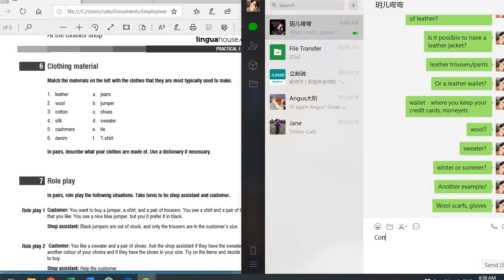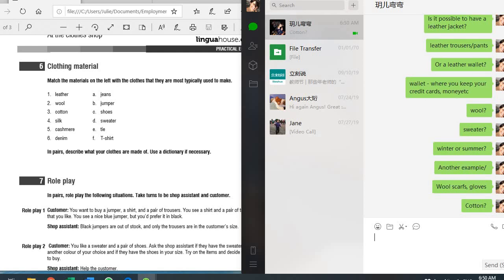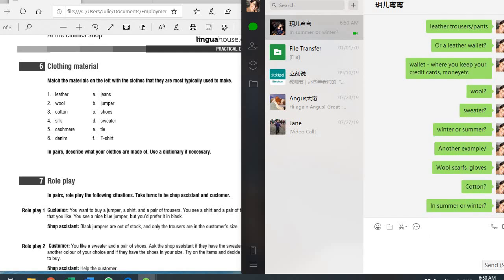Good. Okay, the next one, cotton. I think that will be made by the jumper. Possibly a jumper, but jumpers are usually heavy, no? And cotton is light. So when do you wear cotton? In the winter or the summer?